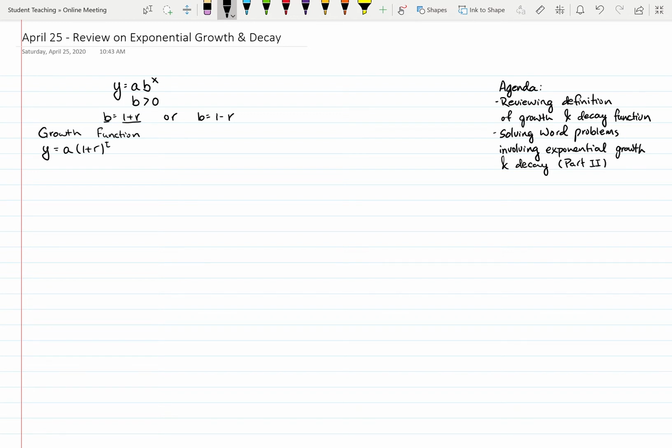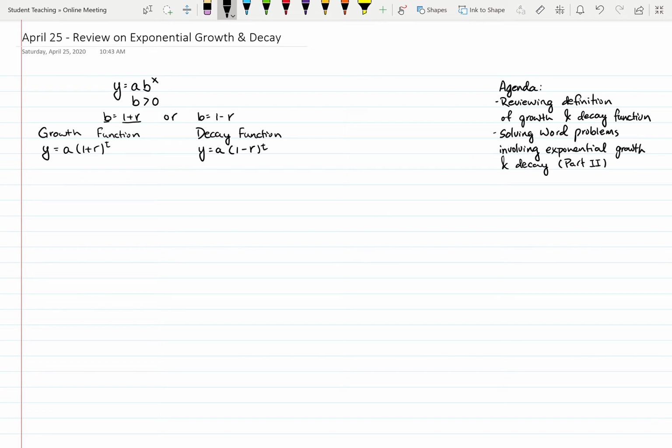T is the same as x, which is the variable that we are going to input the value in. However, since we're dealing with time, we exchange x with t. The decay function is y equals a times 1 minus r raised to the t power.